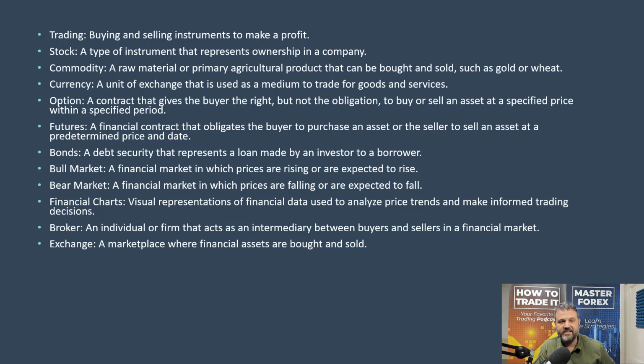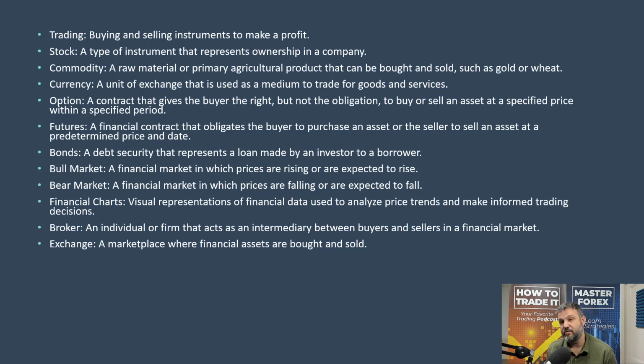And then a broker is an individual or firm that acts as an intermediary between buyers and sellers in a financial market. And then there's also the market maker, the person that holds all the money and is doing the orders. A lot of times the broker isn't the market maker. The broker is just the middleman, and the market maker is the one that holds all the cash. They both get a tiny piece of the action.